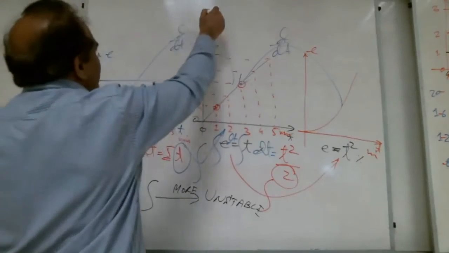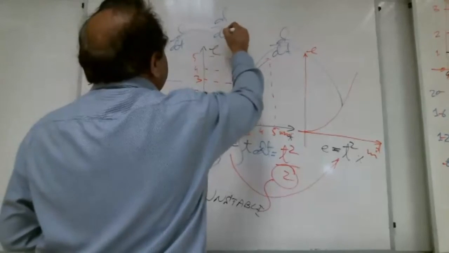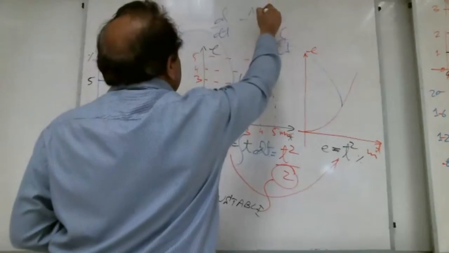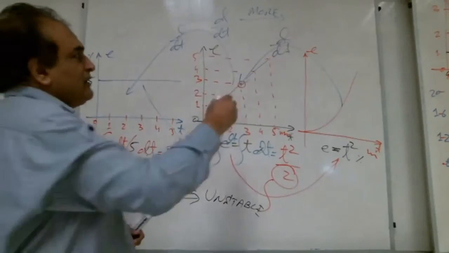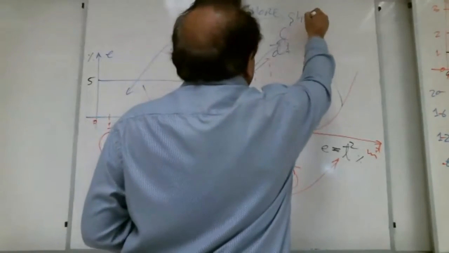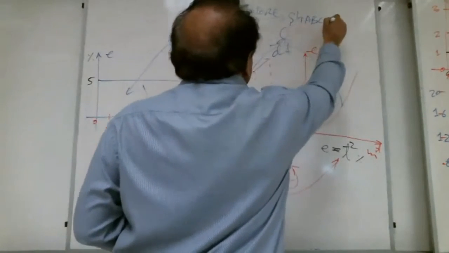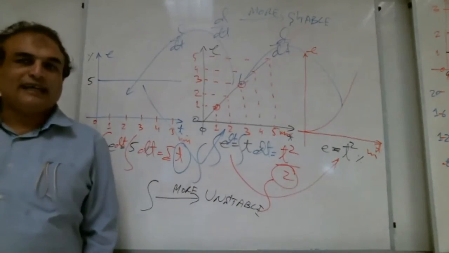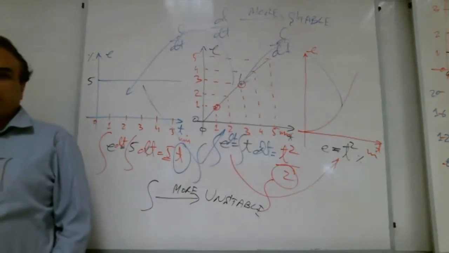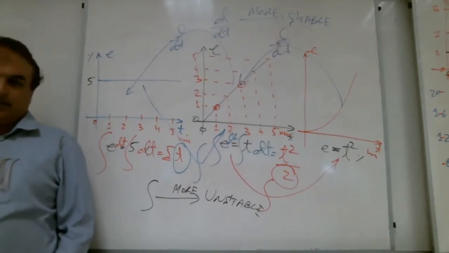So derivative is making the system more stable or unstable? Stable. So derivative is making it more stable, and integration is making it more unstable.